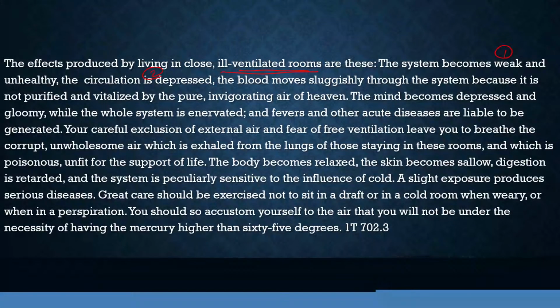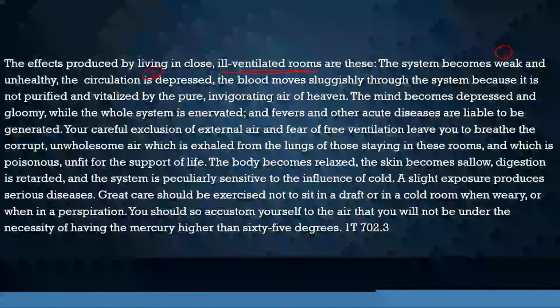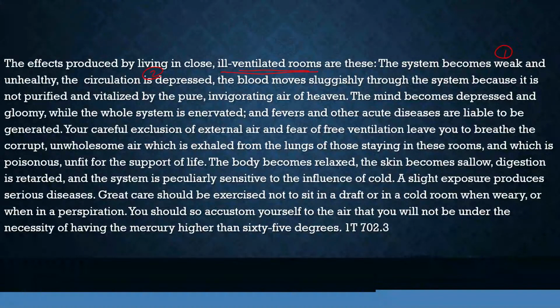The body becomes relaxed, the skin becomes sallow, digestion is retarded, and the system is peculiarly sensitive to the influence of cold. A slight exposure produces serious diseases.